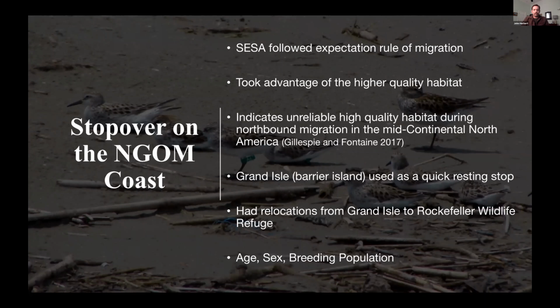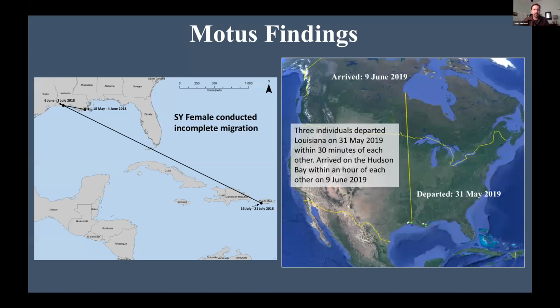The Brown et al. paper, looking at geolocators on semipalmated sandpipers, didn't find any influence of sex, but I will say that we would need a higher sample size for demographics to really tease out the results and see how demographics influence the species during northbound migration.